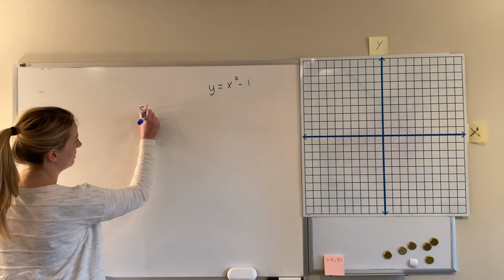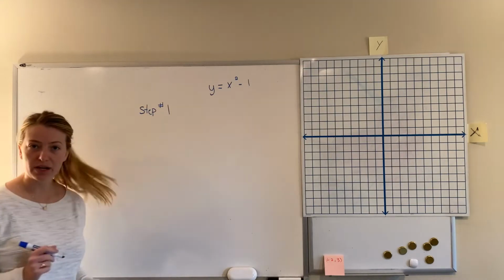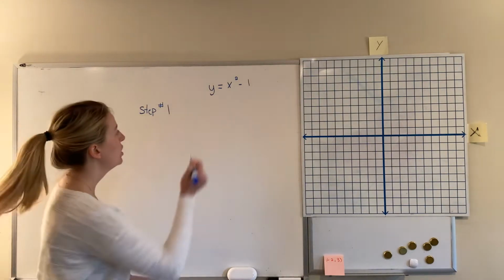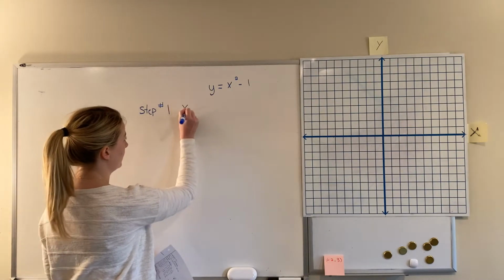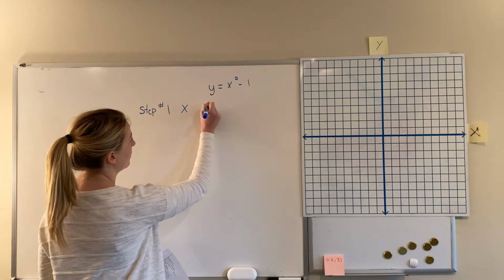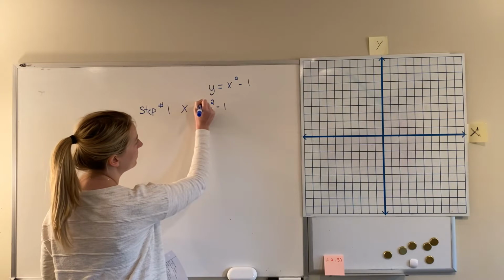Step number 1, and we're going to graph our table of values. So just as we did in the previous lessons, we're going to start with our x values. What do we substitute x into? It's that end part of our equation, x squared minus 1.